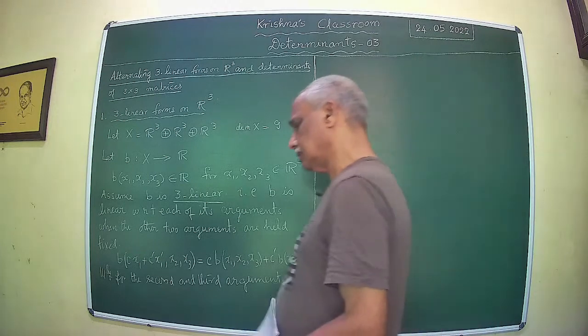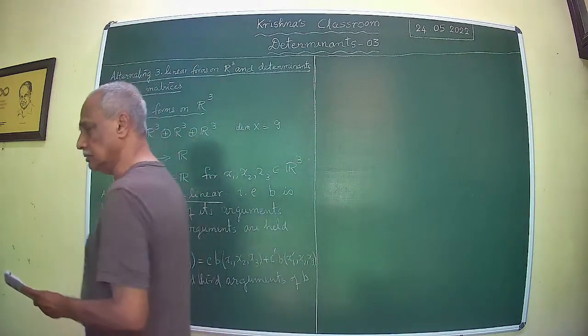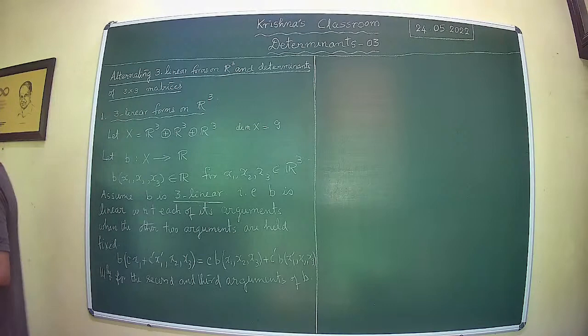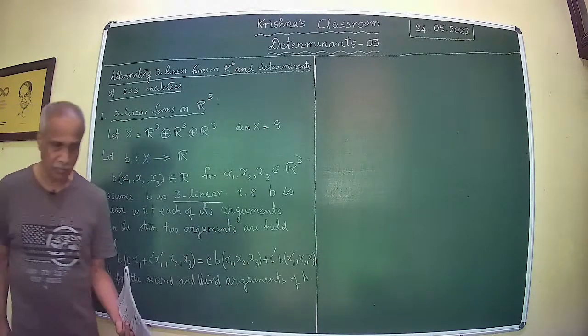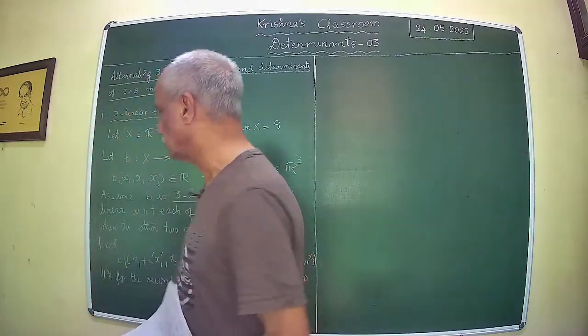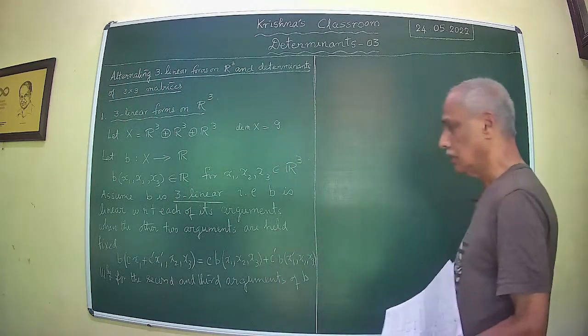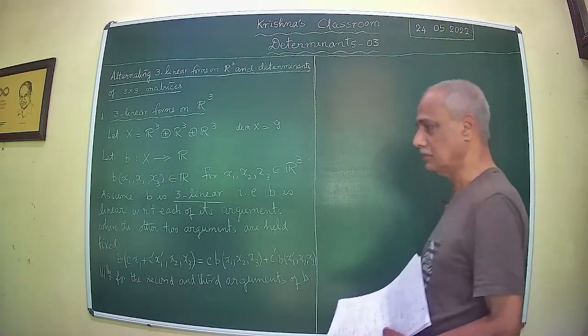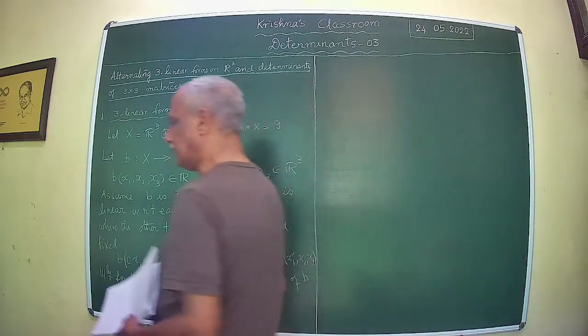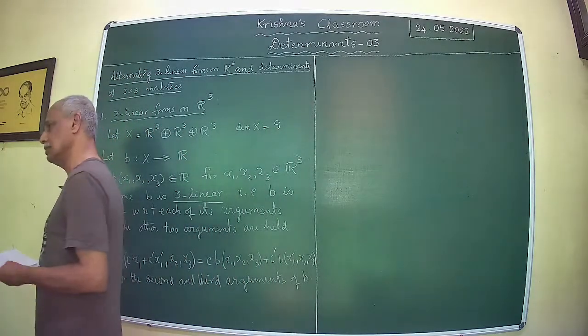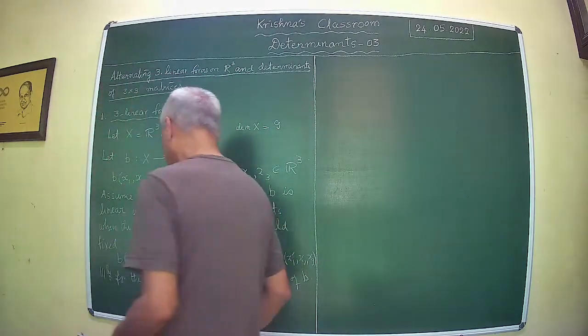Now look at the collection of all 3 linear forms on R3. With usual addition and scalar multiplication, it becomes a vector space.